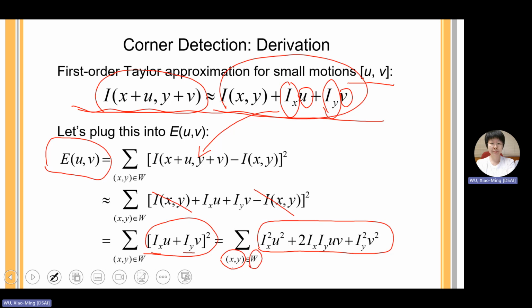For any x y, we need to compute its x derivative: the square of the x derivative times u squared, Ix times Iy, the x derivative times the y derivative, and the square of the y derivative.